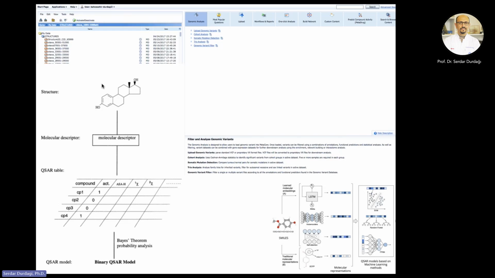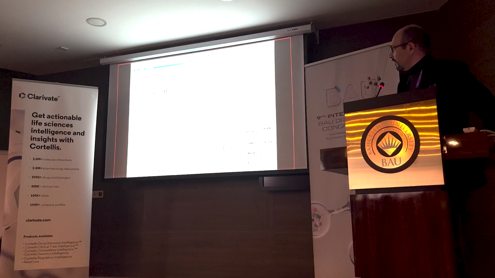As Selma already mentioned, here we are using the binary code: if a structural unit from the descriptor set is present, we say 1, and if it is absent, we use 0. We pass this to a Bayes theorem, a kind of probability analysis, and we get the binary QSAR models.